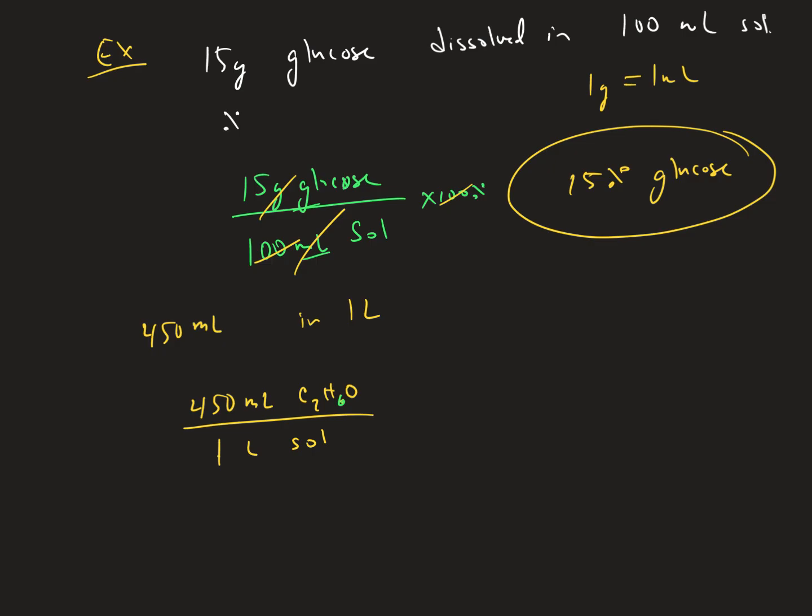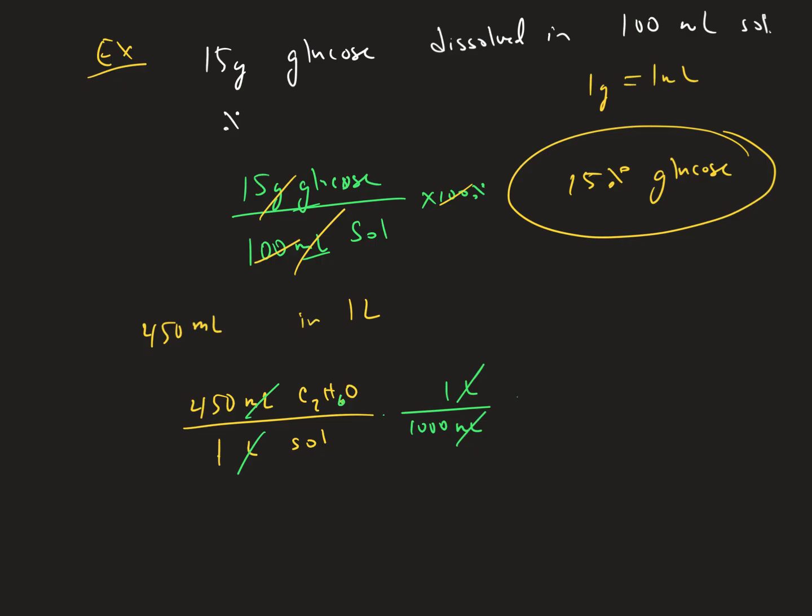So we convert either milliliters to liters or liters to milliliters. It really doesn't matter. So 1,000 milliliters to 1 liter. And if you'd rather multiply, then do it the other way around, right? Everything cancels. That tells us we're doing good. Now what do we do?